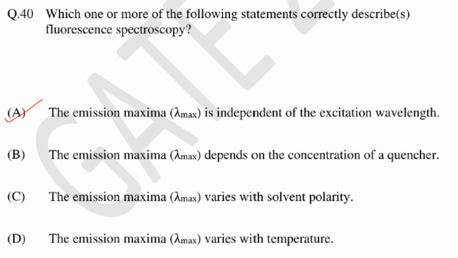So B is not correct. The emission maxima varies with the solvent polarity. That is also correct. Then the emission maxima varies with temperature. That is also correct. So A, C, D is the answer.